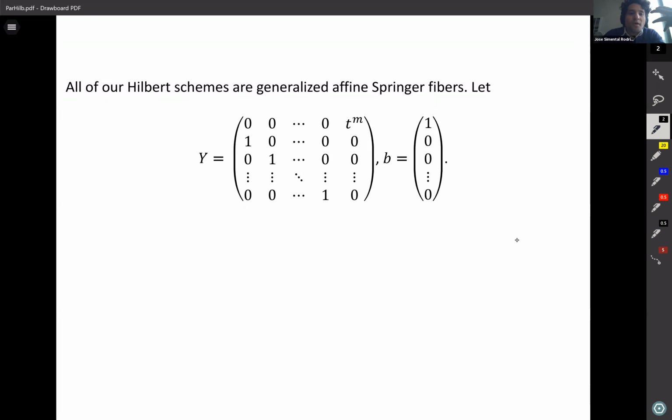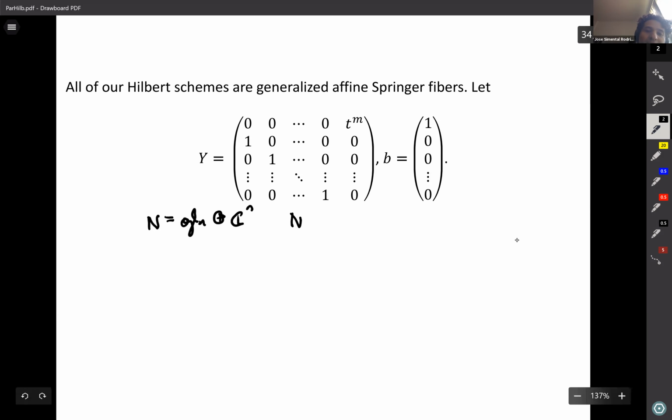So I need to give you an element in the corresponding representation spaces. Remember that, for example, for the Cherednik algebra, I have that N is gl_N plus C^N. I need to give you an element in N(K), which is going to be this element.